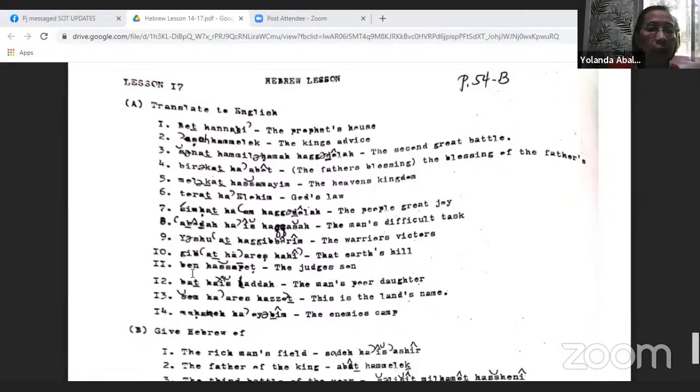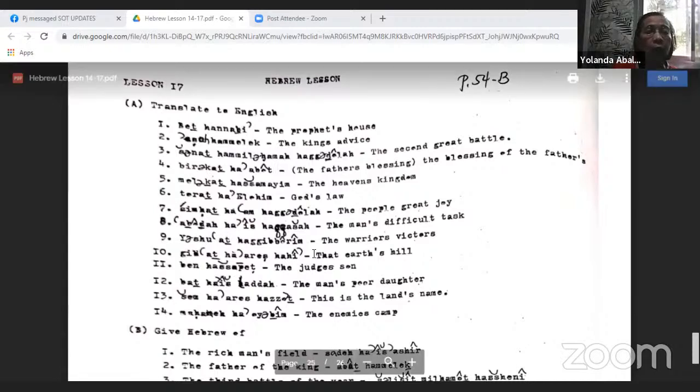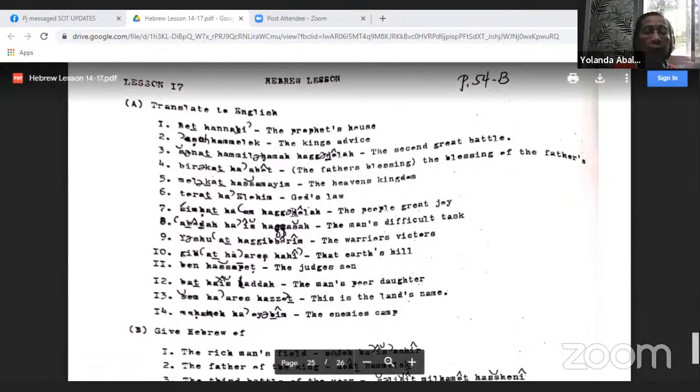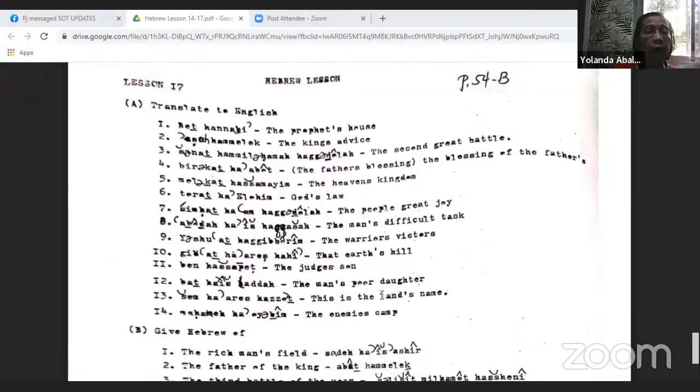Ayan. Or the Hashopet, the judge's son. Hindi po ito judges. The judge's son. Singular ito. Ano pa yung isang correction dito? Yan, ito. The people's great joy. Lalagyan siya ng apostrophe S. People's great joy sa number 7.